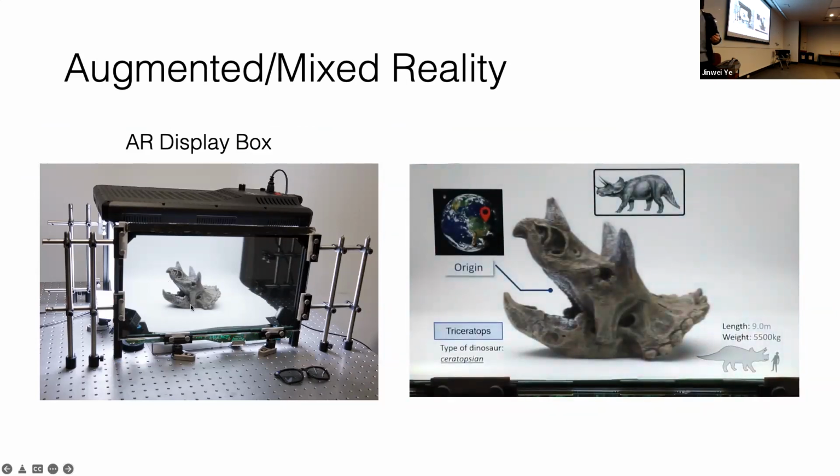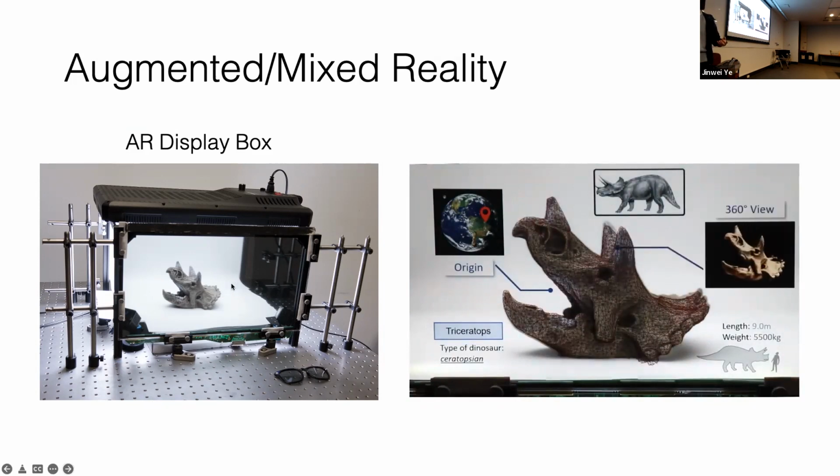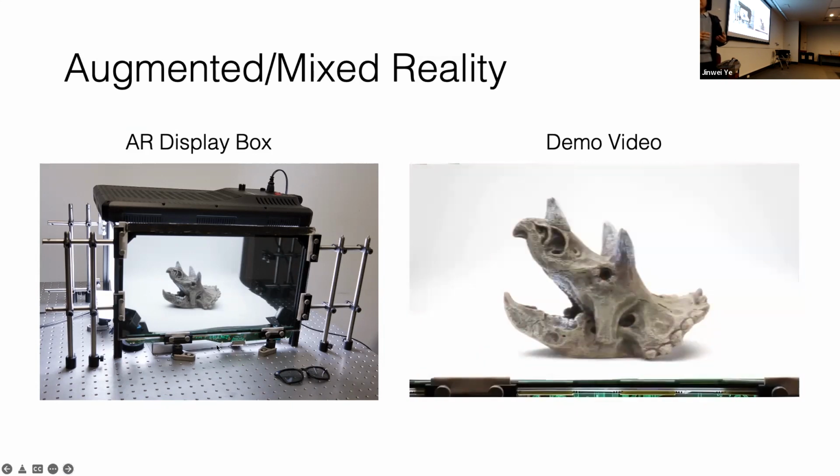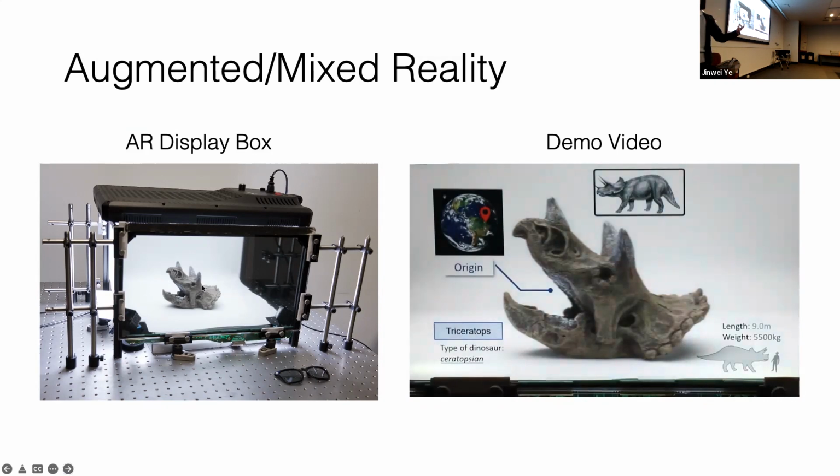We have a real object that is put on the box, and on this display, we can overlay virtual content that aligns very well with the physical real object that is in the box.